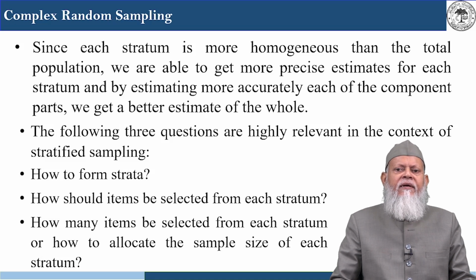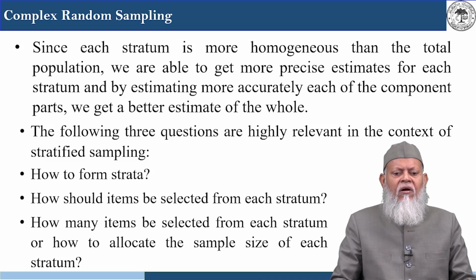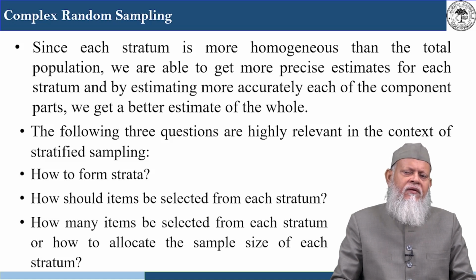Then how many items to be selected from each stratum, or how to allocate the sample size of each stratum? The best way is that all the strata are given representation based upon their strength in the population.